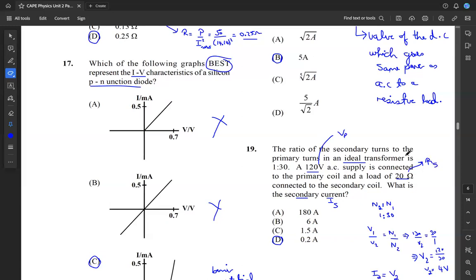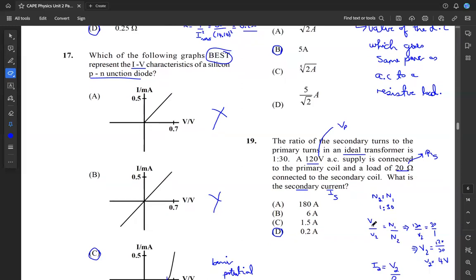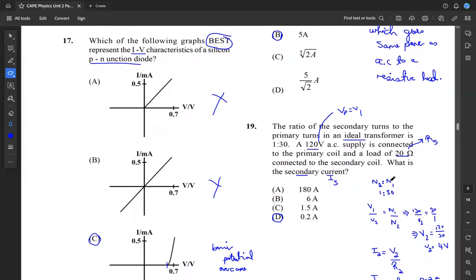So these are all the things that they give us. We know N2 to N1 is 1 to 30, we know V primary or V1 is 120 volts, and we know RS is 20 ohms. So we have all these relationships that we can write for ideal transformers.